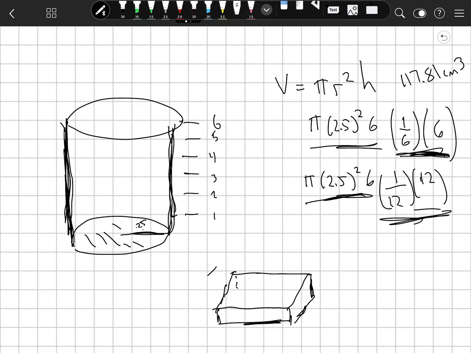Now, if you took that deck of cards, and maybe on the top it's still the same, but on the bottom you slide it over a lot so it looks more like this. It's slid over quite a bit. You're still dealing with the same slices, the same number of cards, and it still has the same volume. This is probably the worst picture I've ever drawn, but it still has the same volume as the first deck.